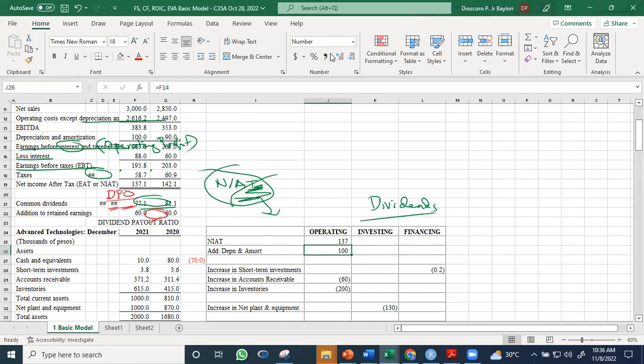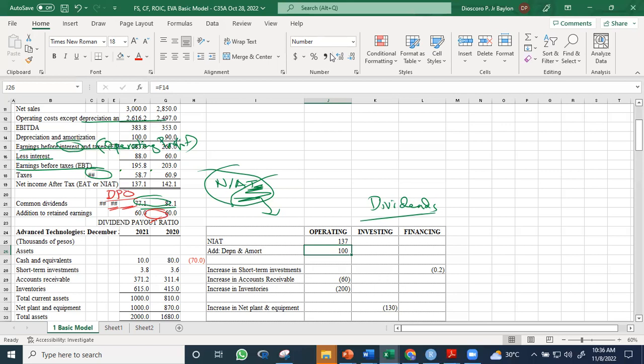Let me aid you. Let me give you a hint. Anything above the net income after tax, all the accounts there have been incorporated already, because we got the net income after tax.